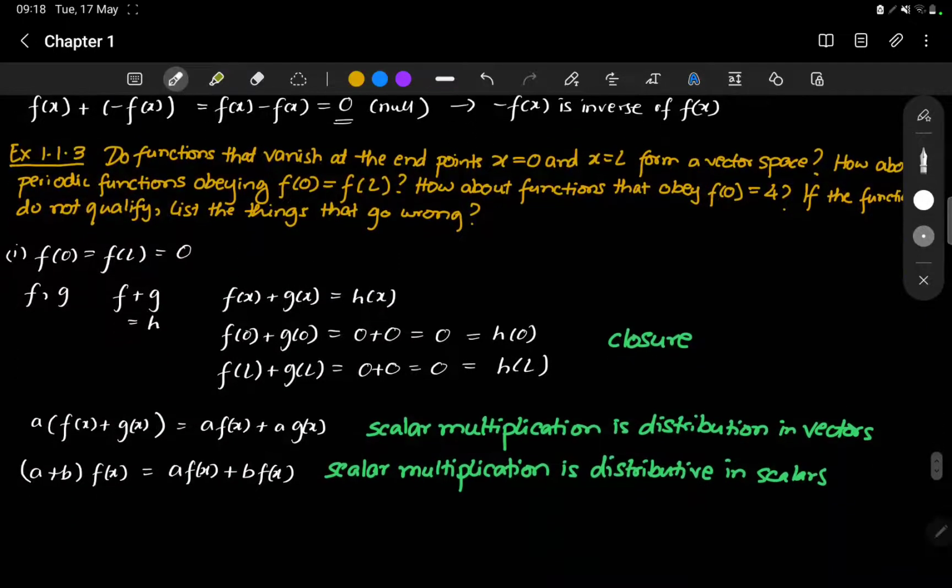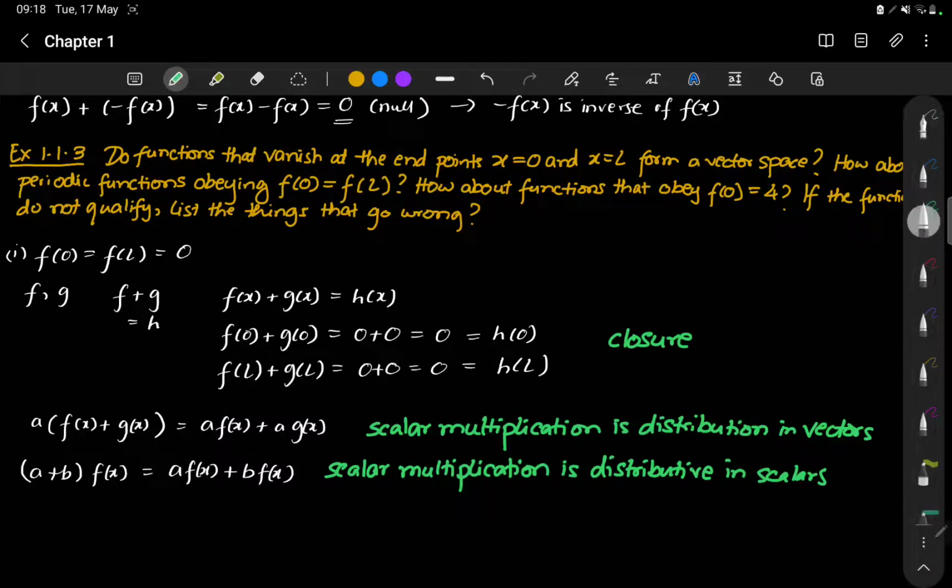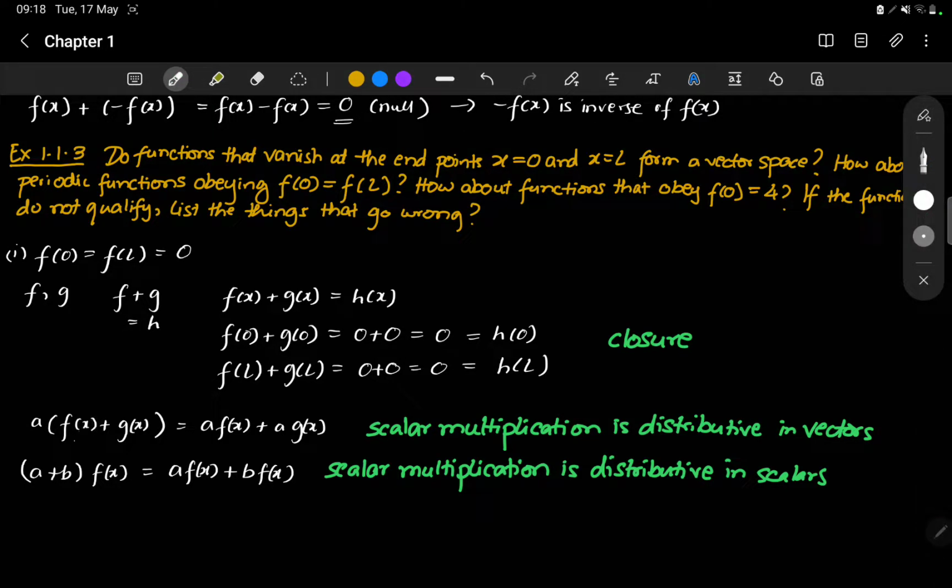So when we say f of x plus g of x, this is some real number plus another real number. And from real numbers, we know that real numbers are definitely distributive. Sorry, I wrote this spelling wrong over here. Not distribution, distributive. So f of x is a number, g of x is a number. Similarly here, f of x is a number, a is a number. All these are real numbers.